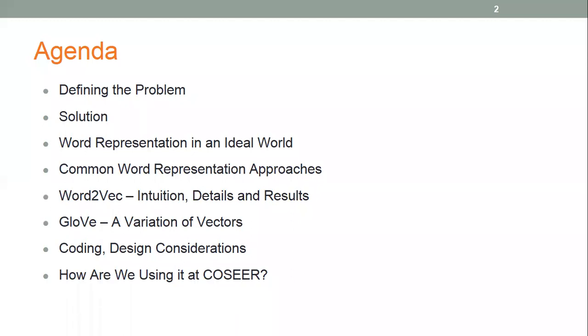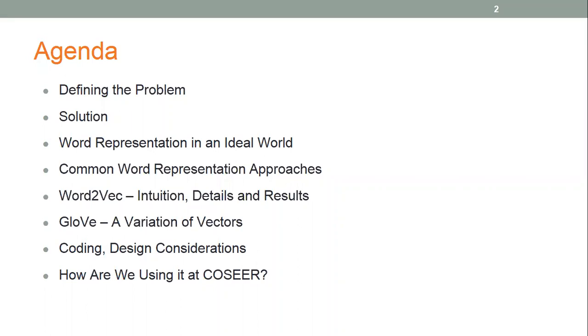First, let me present a plan of what we are going to do for the next 30 minutes or so. We will start off by discussing why word embeddings are necessary. We will define the problem and what the ideal solution to the problem is. Then we will discuss some common word representation approaches.